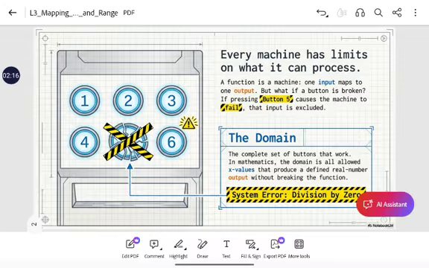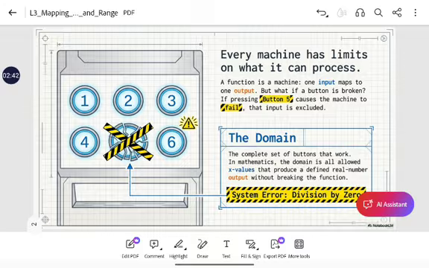So we are talking about input that will produce an output. Every input that has a corresponding allowed output is considered a domain, or an element of the domain.